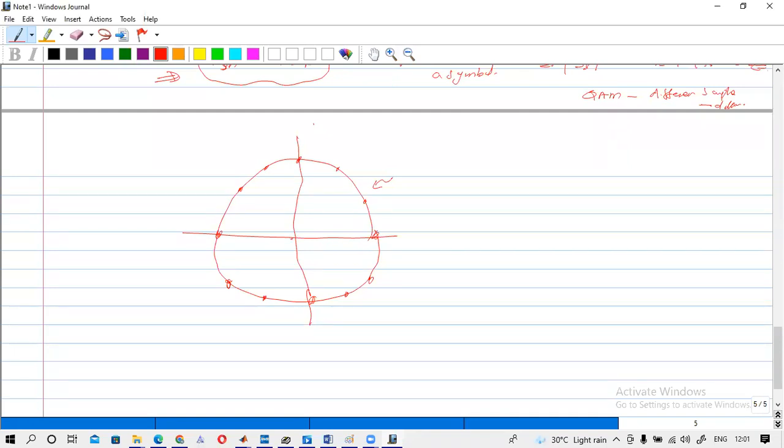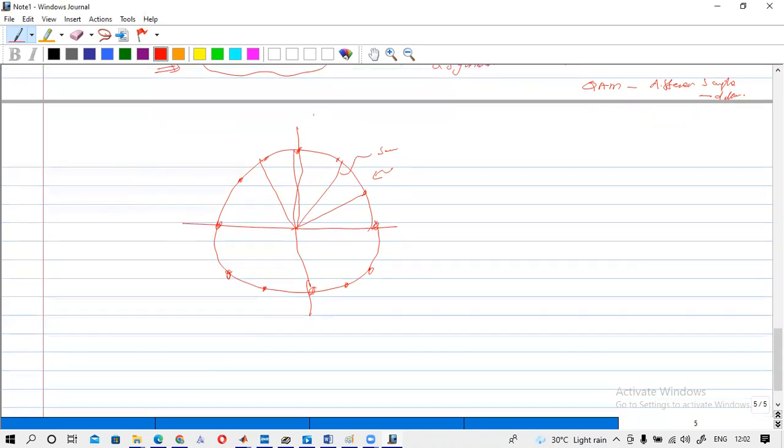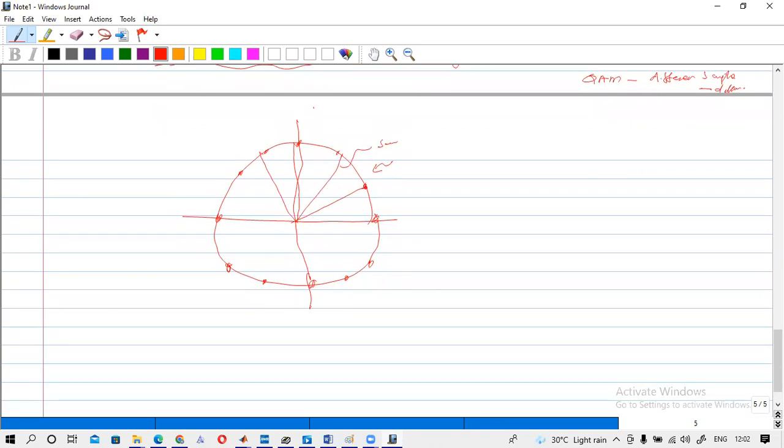Actually, all these symbols are at the same distance. That means all symbols have the same amplitude. Yes, very good. So all symbols have the same amplitude, that means the symbols have equal energy.